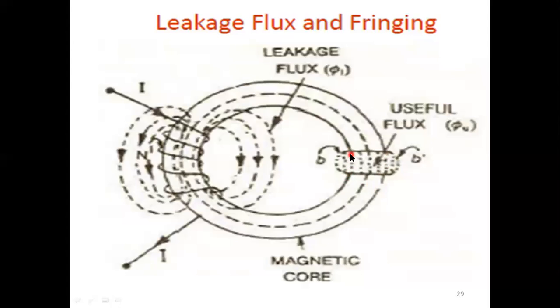But outside the area of the air gap also, some flux linkages occur because of that bulge. So because of this, the cross sectional area will be increased.